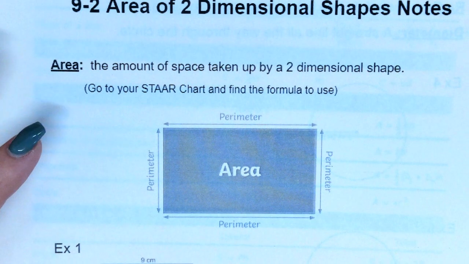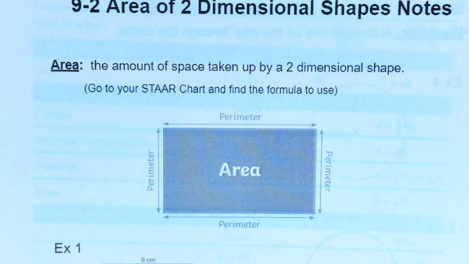So if I was going to paint this wall, all eyes up here, guys. If I was going to paint this wall, would I just paint the outsides of it? I would paint the entire wall, yes? That is what area is. It's where you're taking up the entire shape. So you'll notice that the picture has the area shaded in.